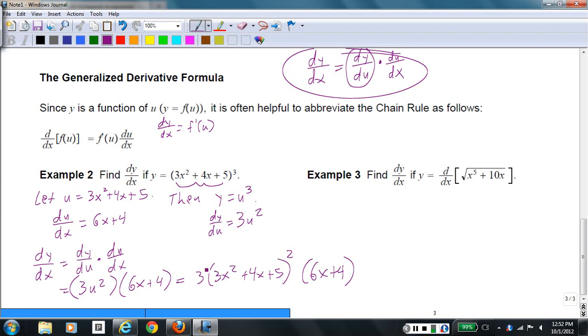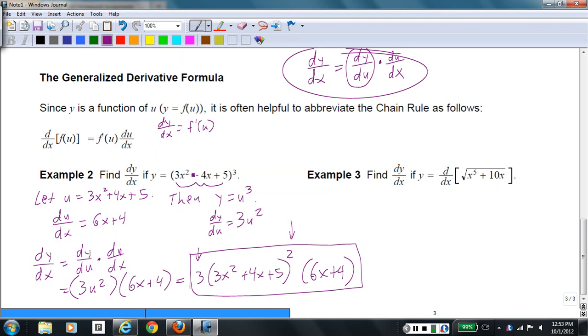So in looking at this, what we observed last time, right at the end of class, was that if we wanted to take the derivative of 3x squared plus 4x plus 5, quantity to the third power, then you could think of it as using the power rule. It's kind of a generalized power rule. You'd take the 3, bring it out in front, and there it is right there. You'd reduce the exponent by 1 from a 3 to a 2, and there it is right there.